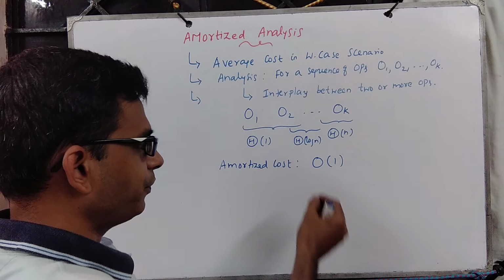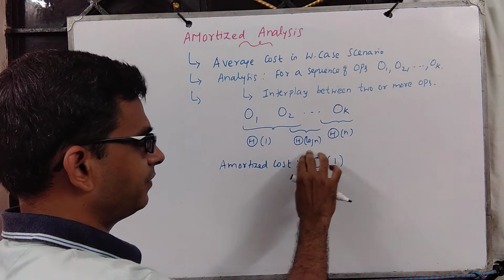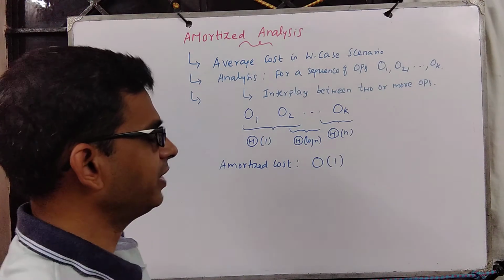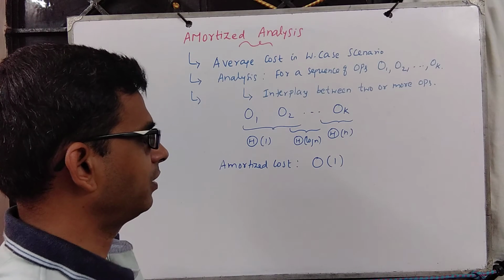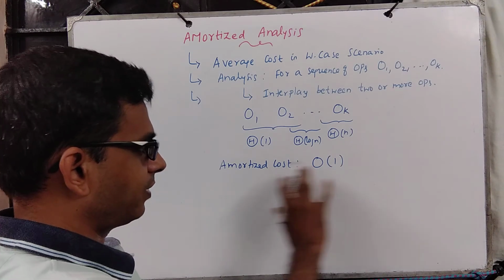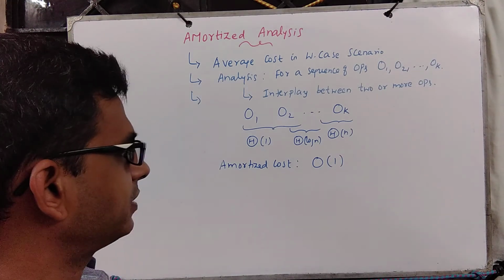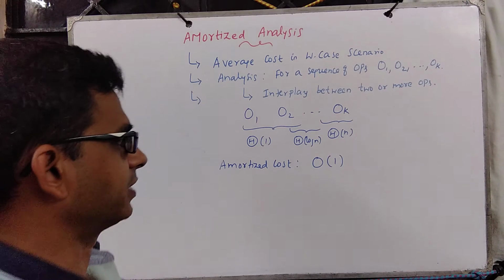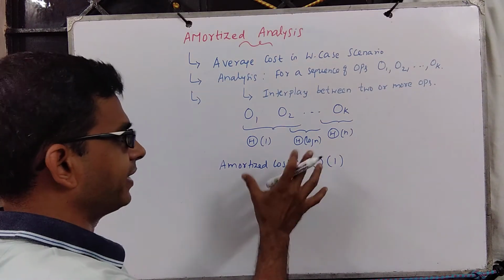So there are very few operations which are involving the variable n, and otherwise majority of the operations are constant in nature. That's precisely the idea.